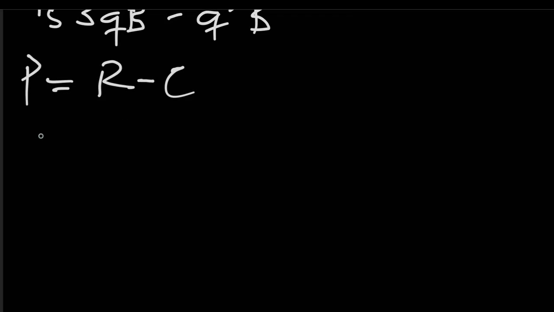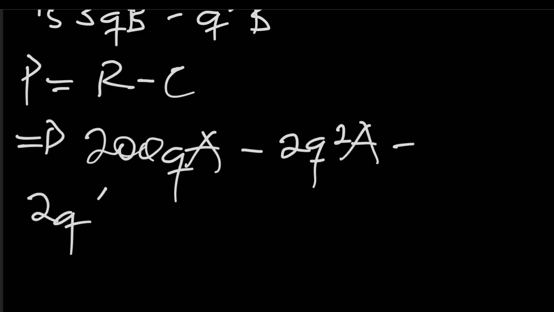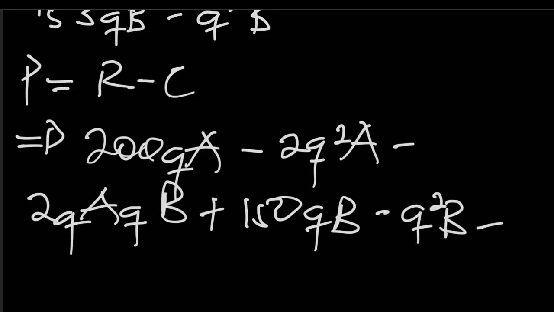If you subtract the joint function from the joint revenue function, you will get 200QA minus 2Q squared A minus 2QAQB plus 150QB minus Q squared B minus 5,000.